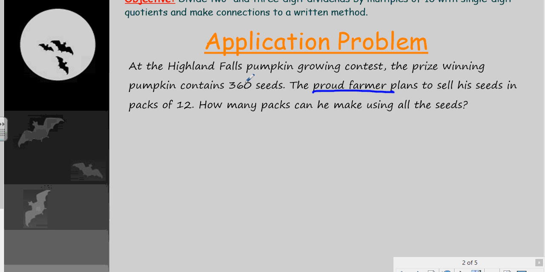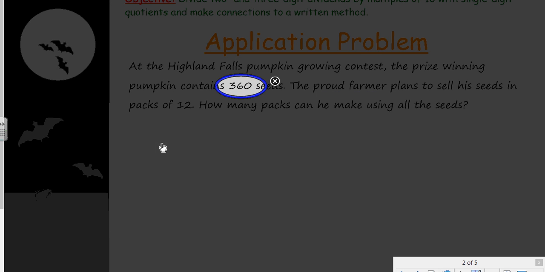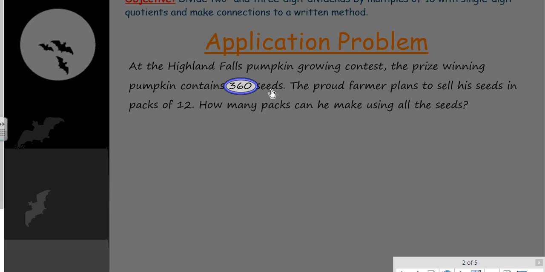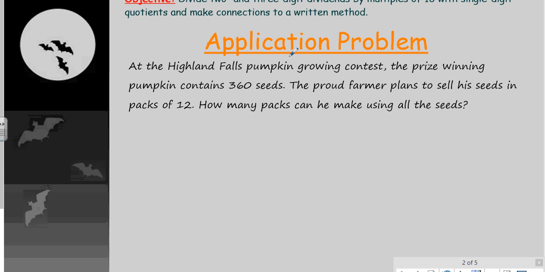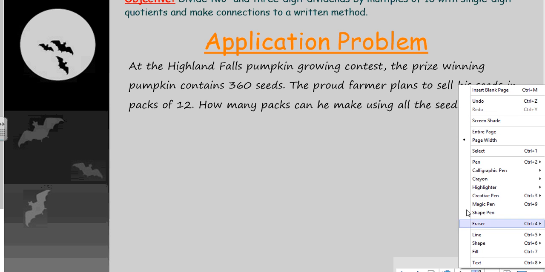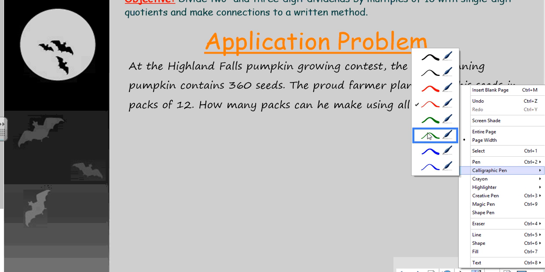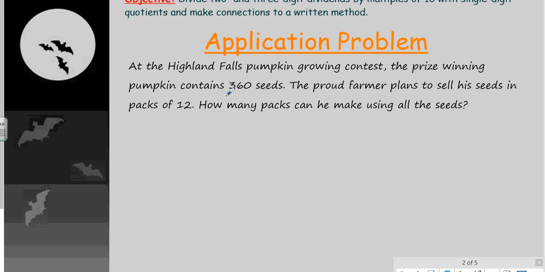And remember, how many seeds were there? That's right, 360. Thank you very much, smart software. Finally, you're working with me on this. I'll have you trained. You'll see. Anyway, coming down here, 360 seeds. Really? They pulled each seed out and counted each one of them? He was a proud farmer.